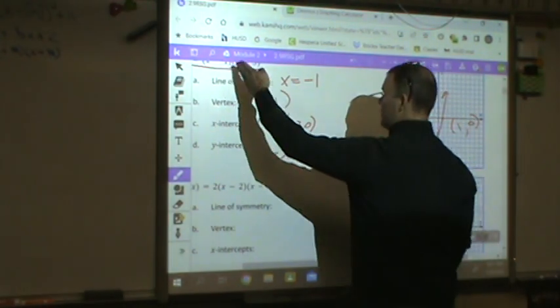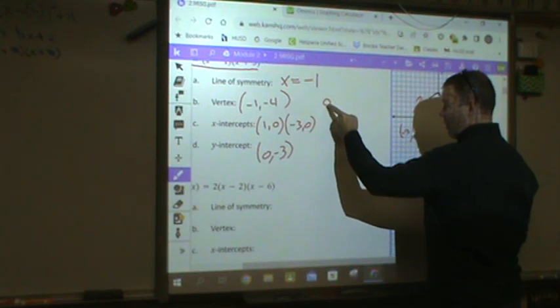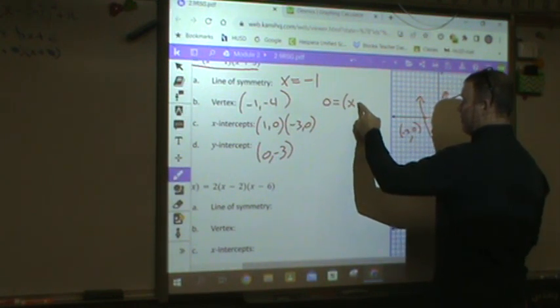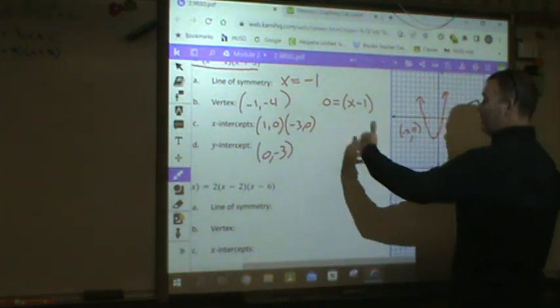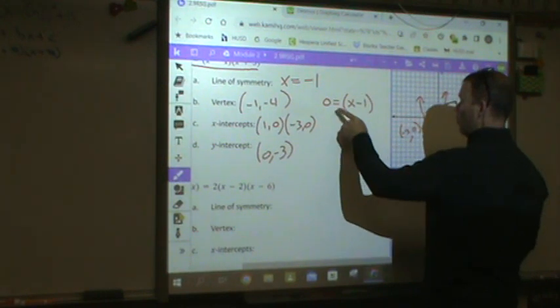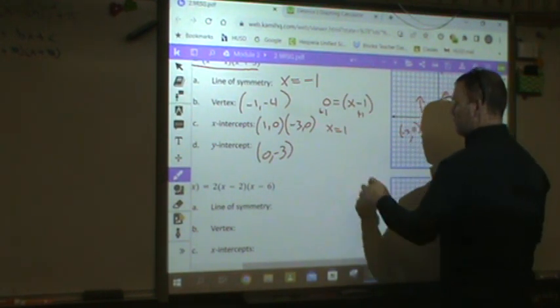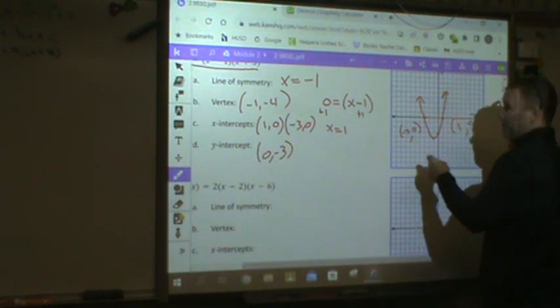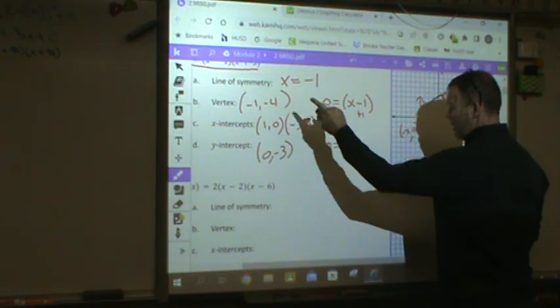So when you set each of these factors equal to 0, you're essentially saying 0, or y, my output, is equal to x minus 1, and you solve. You're setting each factor individually equal to 0. It's solvable by adding 1 to both sides, so x equals 1. There's your first one. I do the same thing, 0 equals x plus 3, for the other factor.